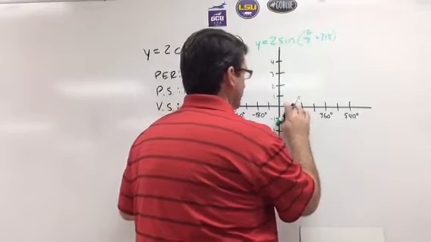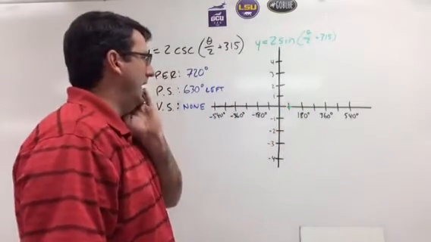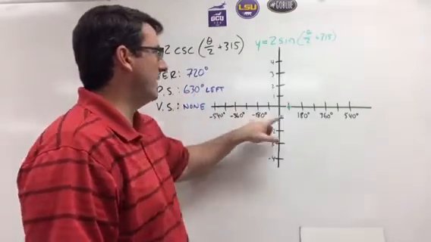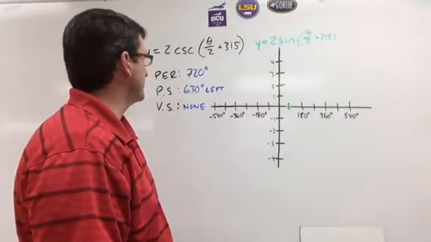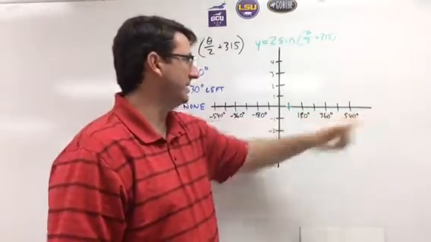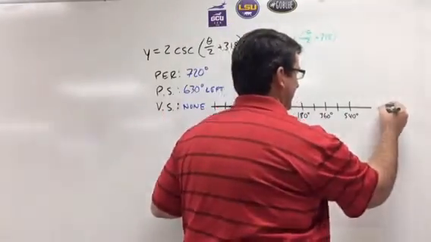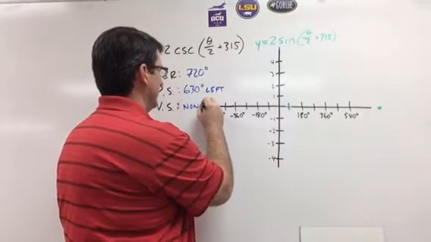So let's start right here at 90 degrees. And then after one period, so another 720 degrees, that's going to put us off our graph, out here somewhere.